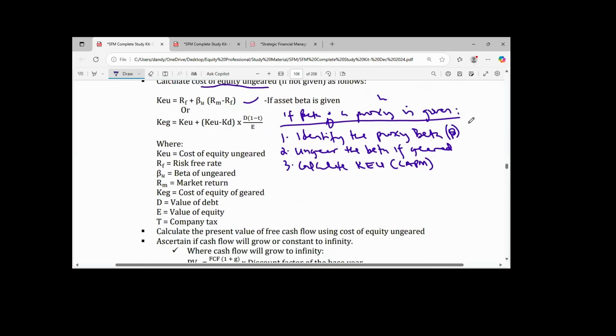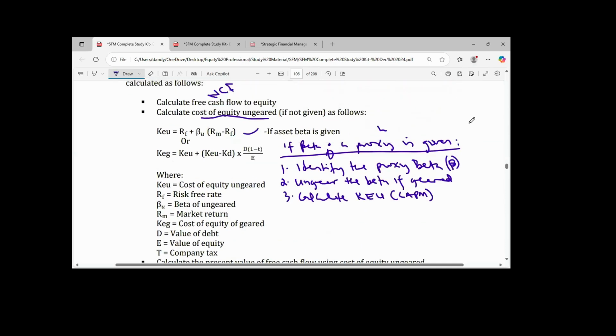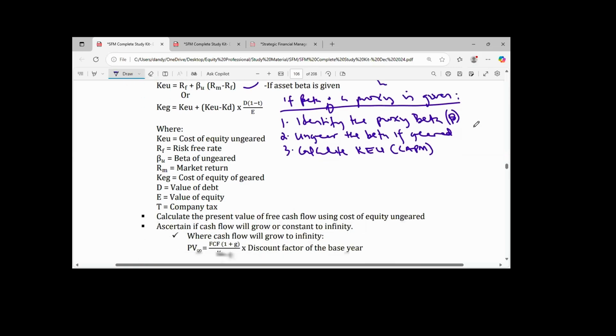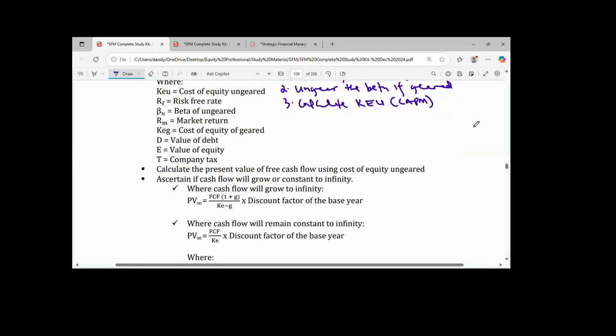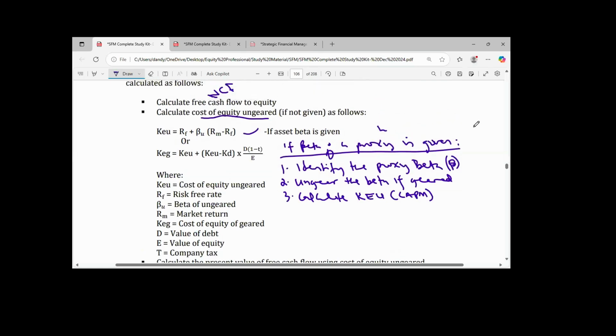Then another way you can calculate cost of equity ungeared is if you are given the cost of equity of a proxy company. So if cost of equity of a proxy company is given, then of course we are going to calculate the cost of equity using the Miller and Modigliani formula.